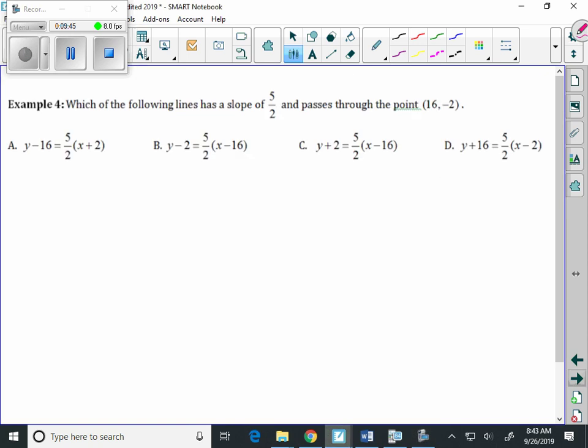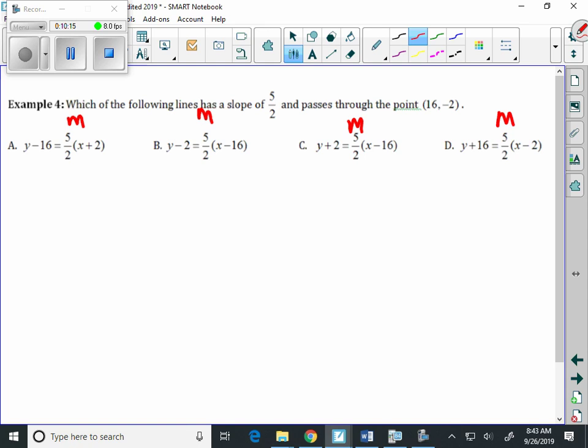Which of the following lines has slope of 5/2 and passes through the point 16, -2? Well, first things first, as we look at this multiple choice question, our slope is here. And the slope is not going to help us eliminate any answers because all of these lines have a slope of 5/2.